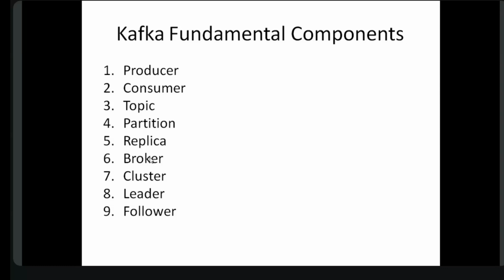You can have more than 3 replicas also. It is not compulsory, but at the bare minimum you need 3 replicas because 3 partitions are there. But in the actual world, people create more replicas than partitions. So there are 3 partitions, but there could be 5 replicas. But the minimum should be 3.